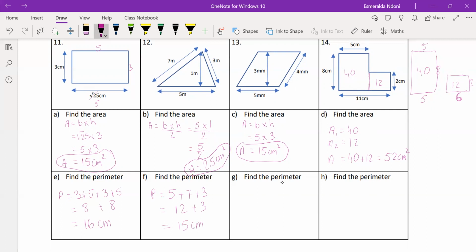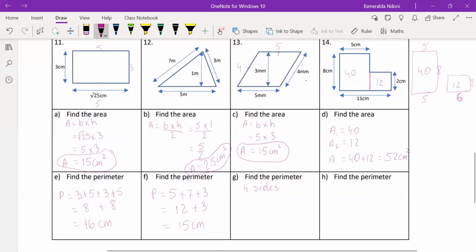Now I am back at my parallelogram. A parallelogram has 4 sides. I can see there it has 4 sides, so I just need to add those 4 sides together. I start with a 5 and go around and add them. This side here is 4 because it's the same as the one opposite. And this side here is 5. Now I have nothing to do with the 3.